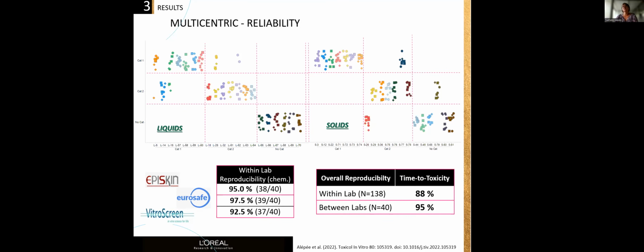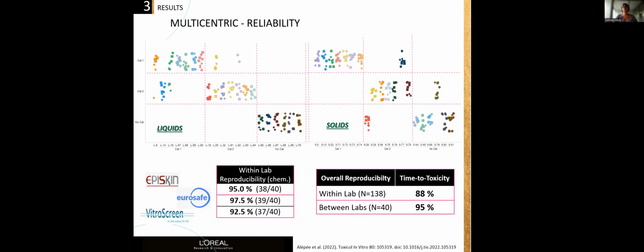And here you could see on the left side the reproducibility of the 20 liquids that were tested. So the dot plot represents by color the 9 runs that were conducted, so 3 per laboratory.